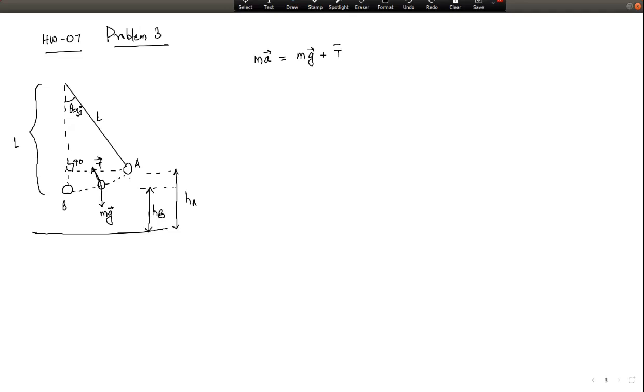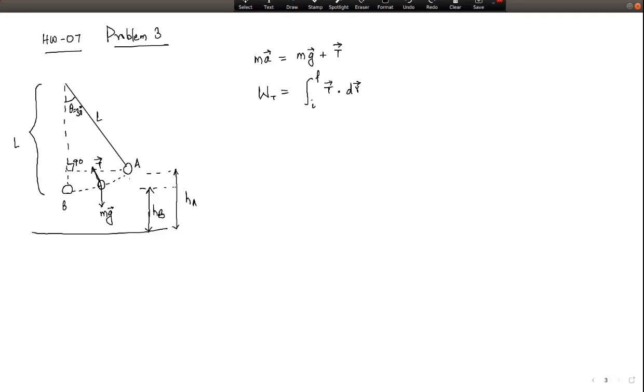Before we can use the conservation of mechanical energy, we have to convince ourselves that the work done by the tension is zero. So the work done by the force of tension is computed along the path along which the mass travels. And at each point along that path, the dot product between the force of tension and the infinitesimal displacement comes into the picture.